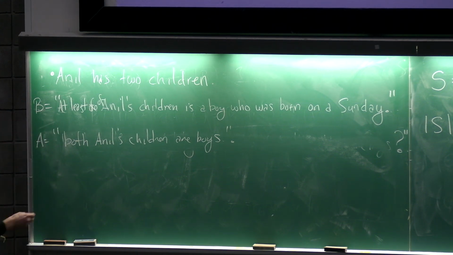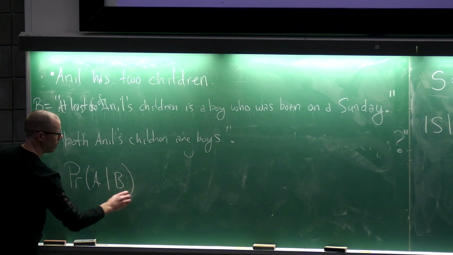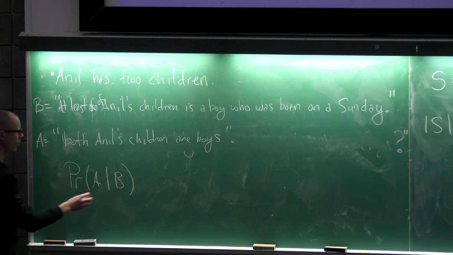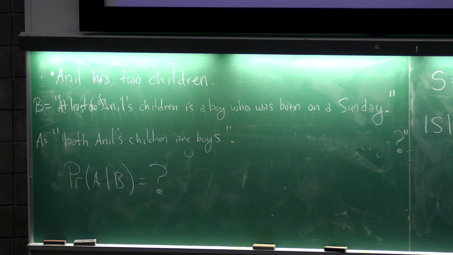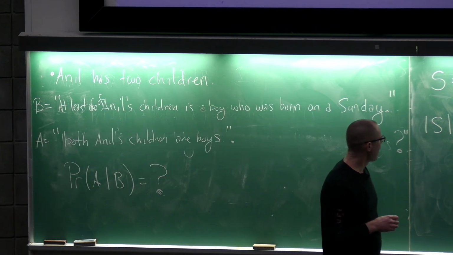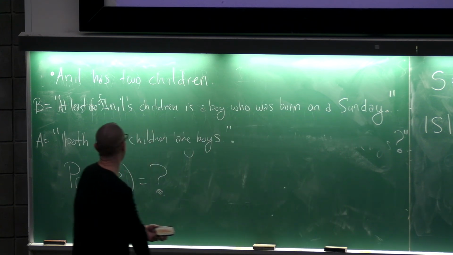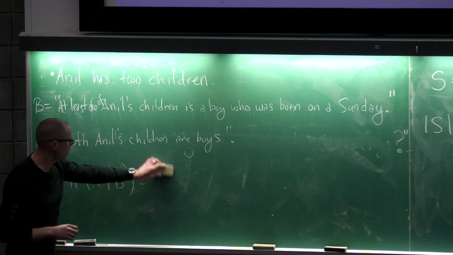And the question was asking us, what is the probability of A given B? And we all seem to think that it's 1/3. So we have to carefully write this out.